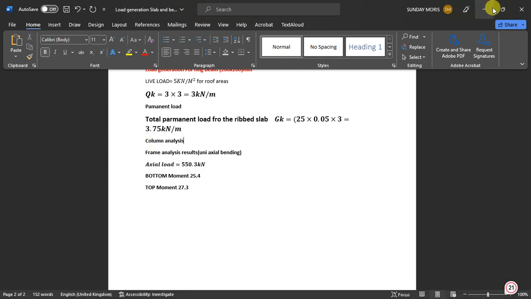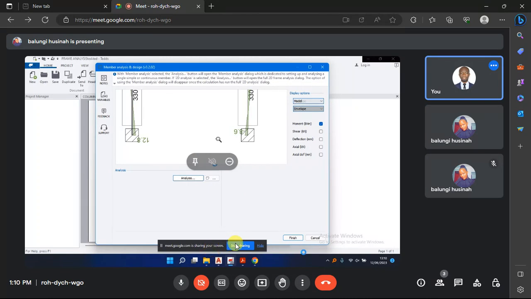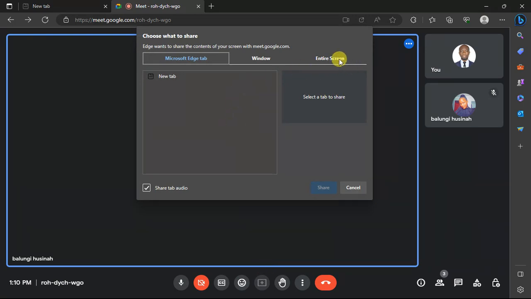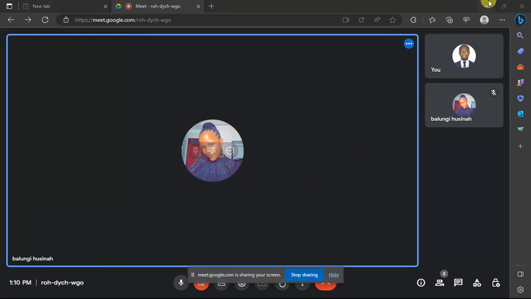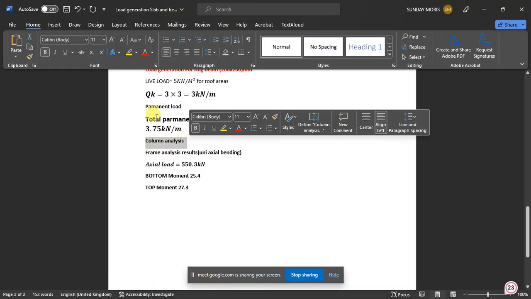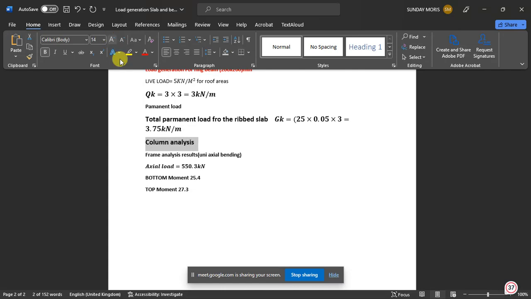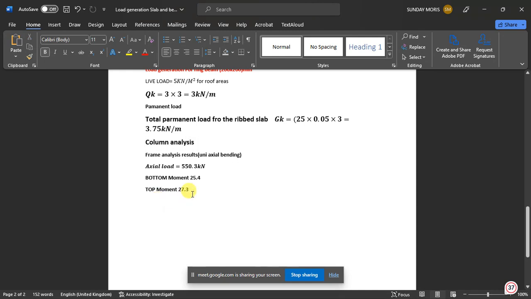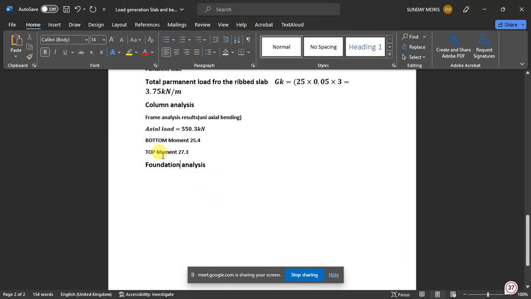I think I can share. You're seeing my Word thingy? Yes, I can see it. Foundation, if you have the loads, it is easy.